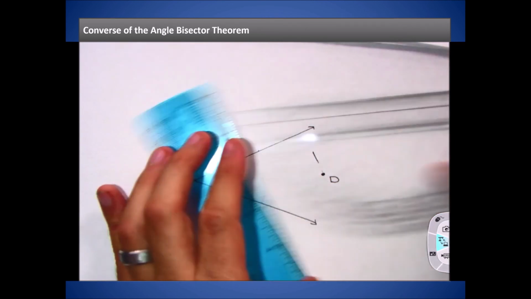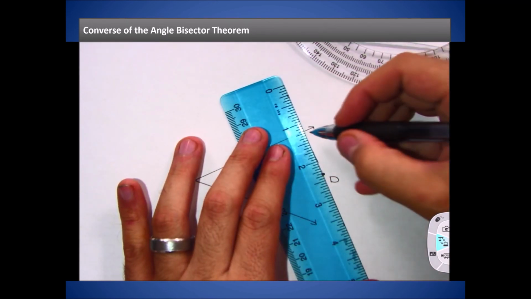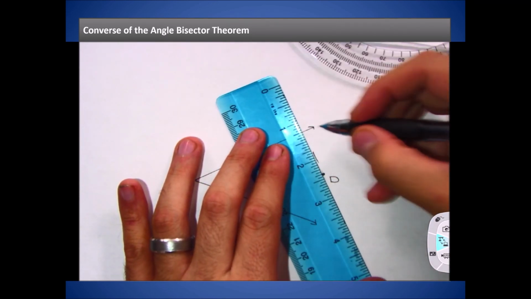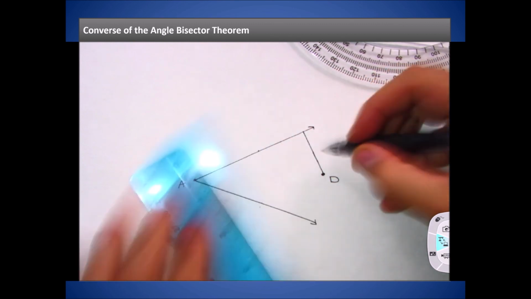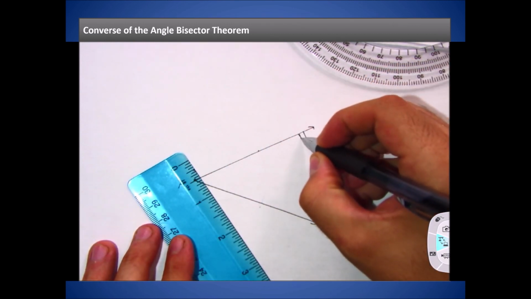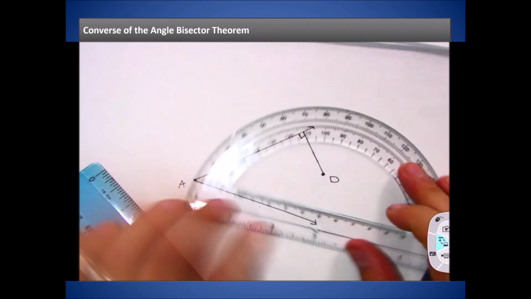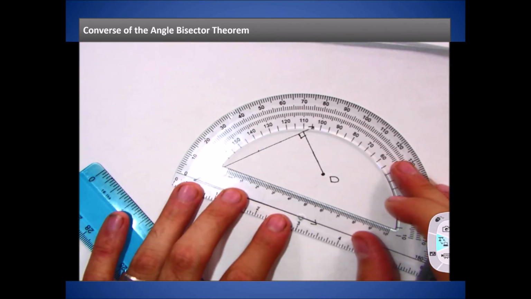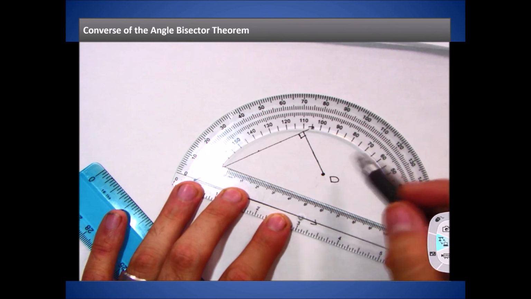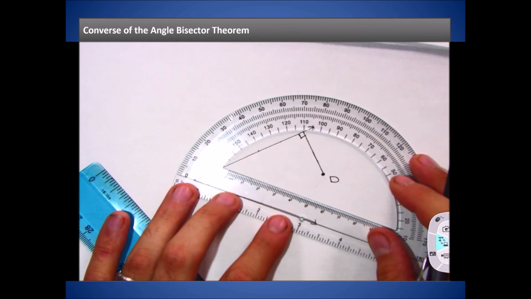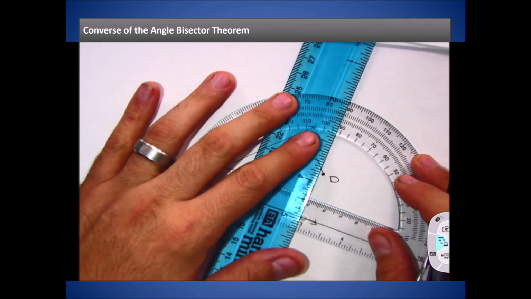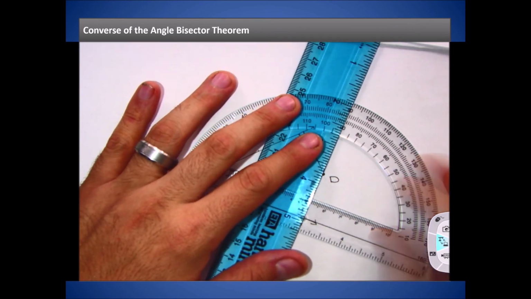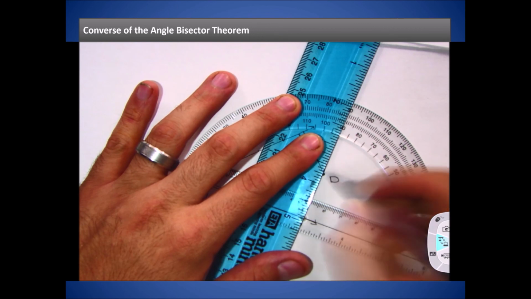Okay, so go ahead and make that mark there. So this is the right angle here, and then we'll measure this. We know we're going to try to make this a right angle. Okay.